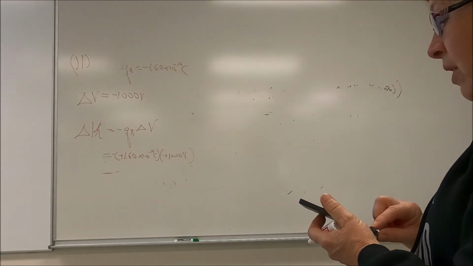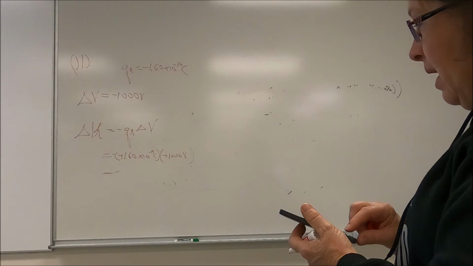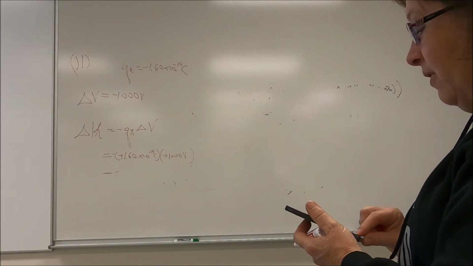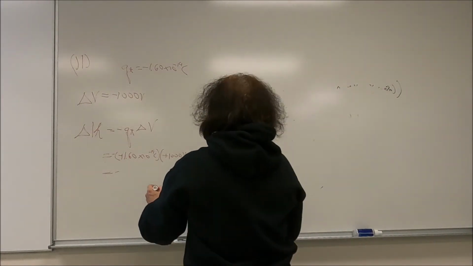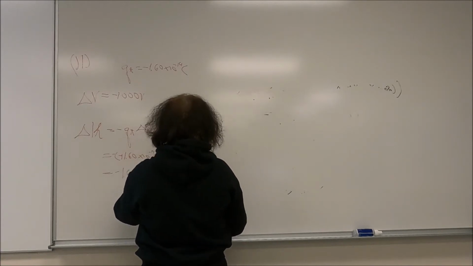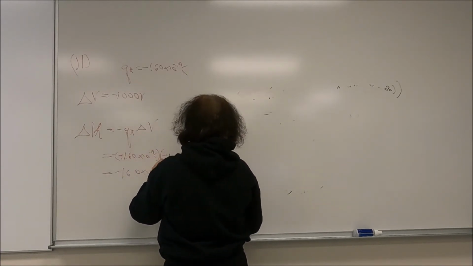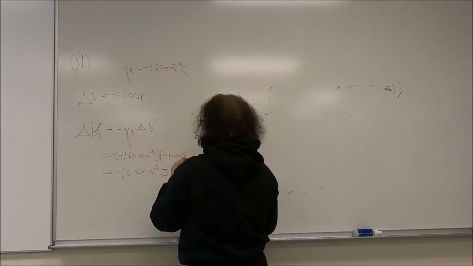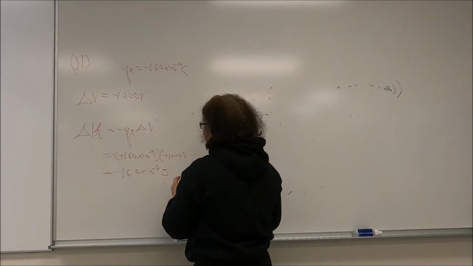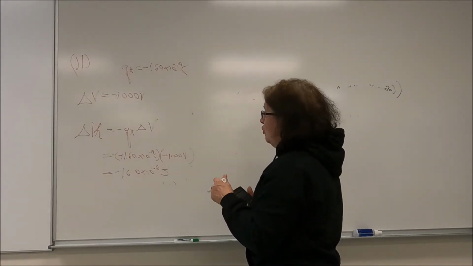So 1,000 times 1.60 times 10 to the minus 19, I end up with a minus 1.60 times 10 to the minus 16 joules. A coulomb times a volt is equal to a joule. So it's minus 1.60 times 10 to the minus 16 joules.